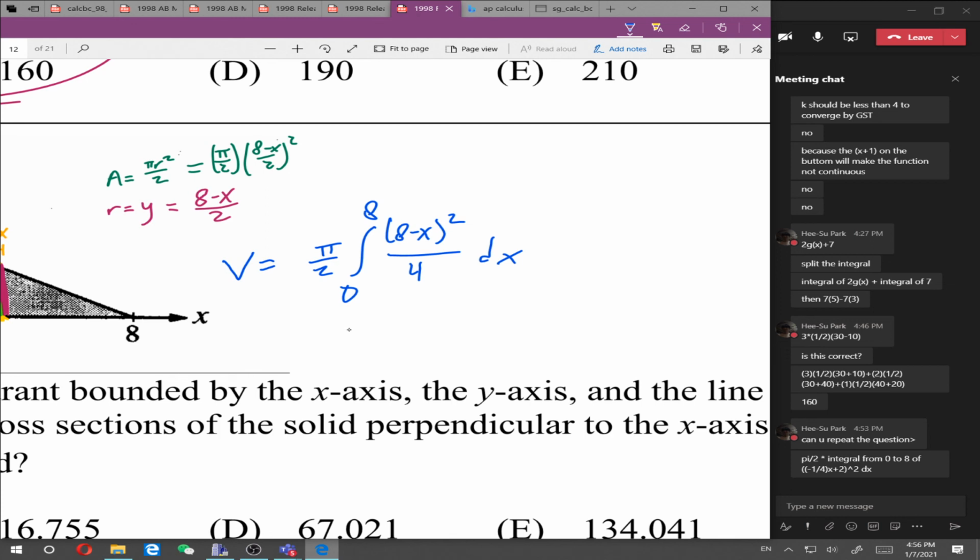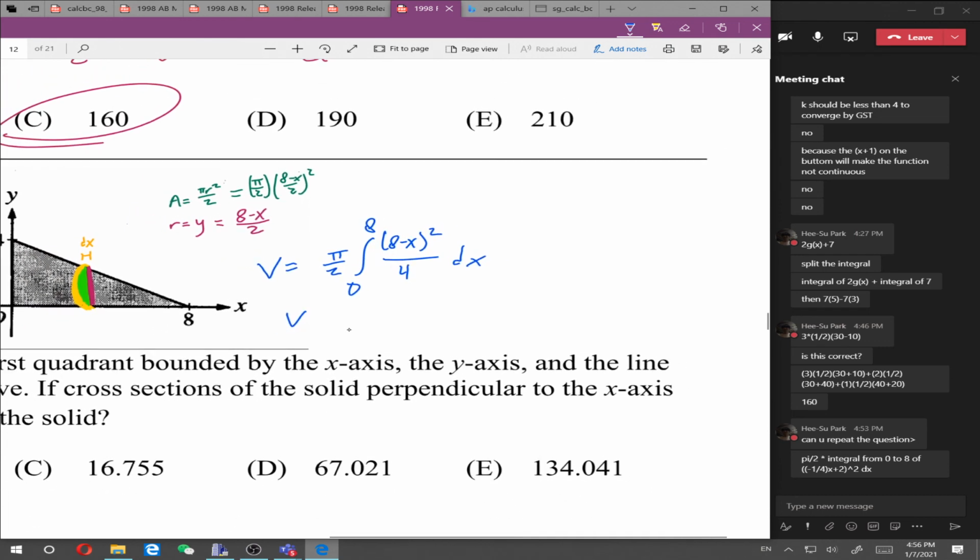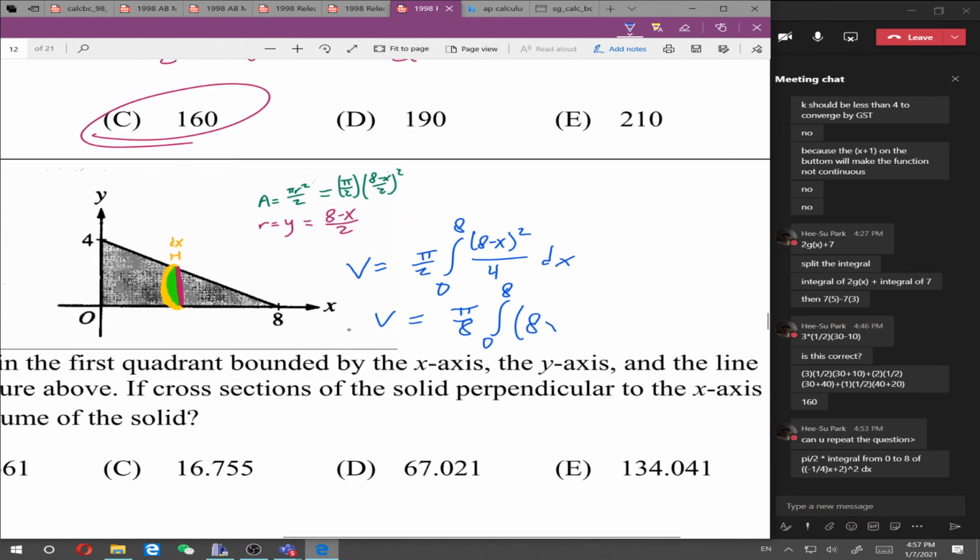I could probably pull that out just because it's constant. Well, pi eighths times the integral from 0 to 8 of 8 minus x squared.